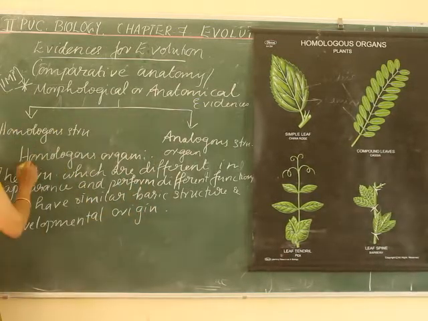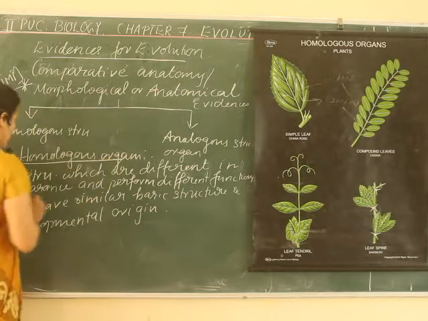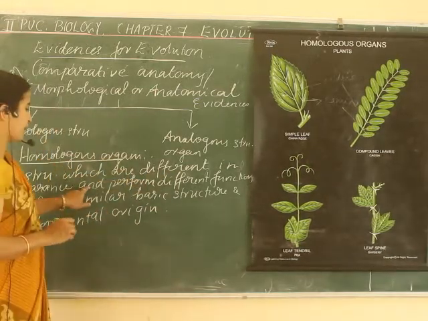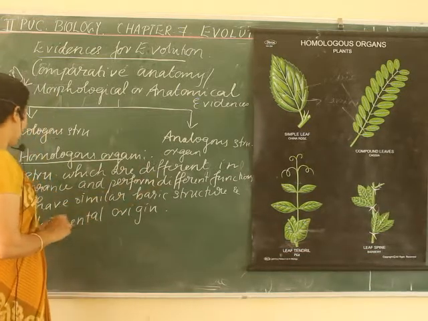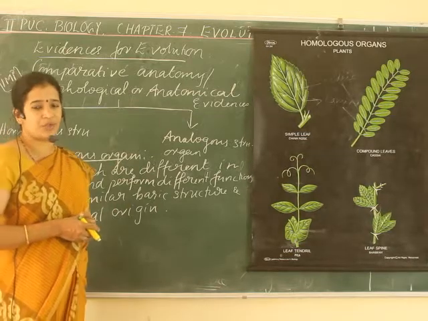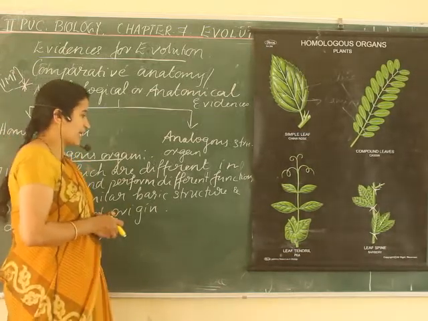So homologous organs means the structures which are different in appearance and perform different functions and have similar basic structure and developmental origin. This is what homologous organs means.